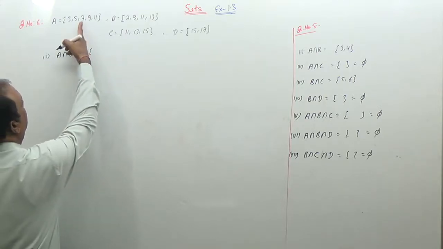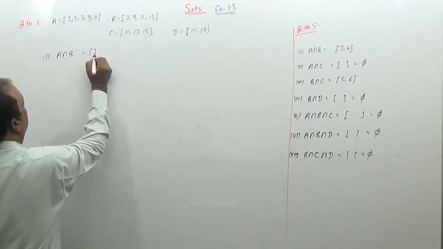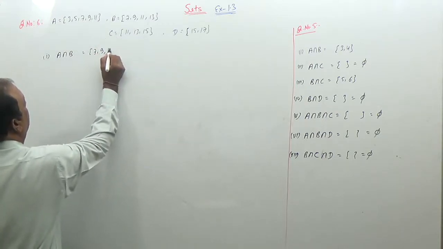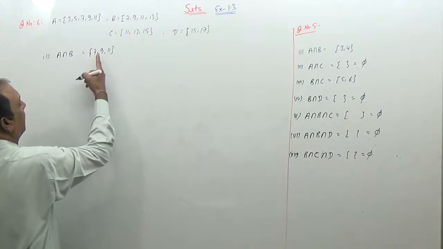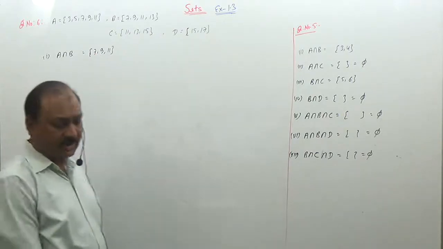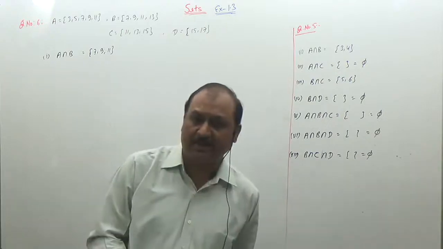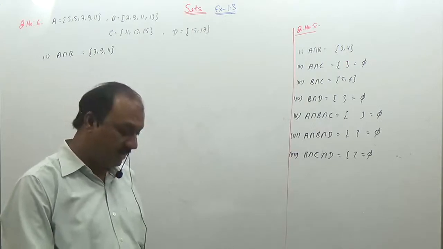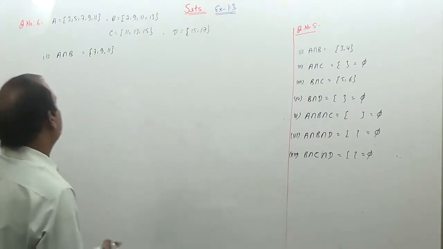So 7 lies in A and B, 9 lies in both, and third is 11. So 7, 9, 11 are those elements which belong to set A as well as set B. So these are the common elements between set A and set B. So this is A intersection B.